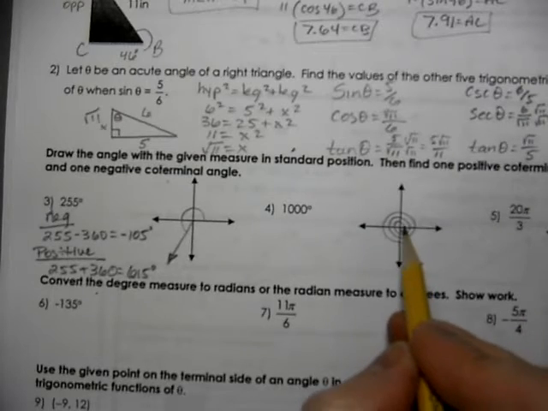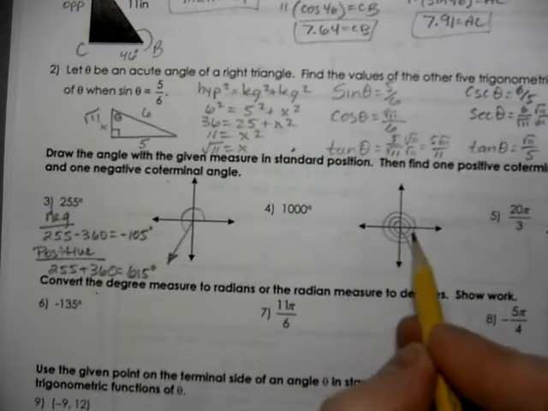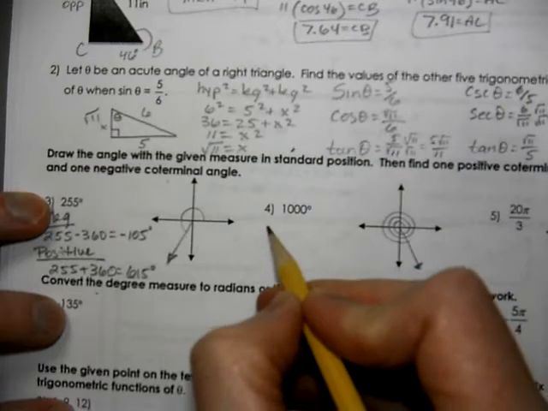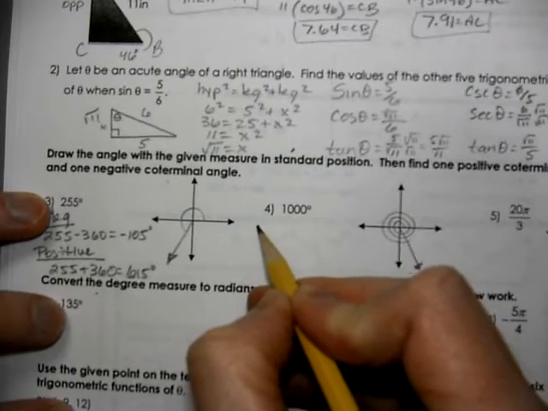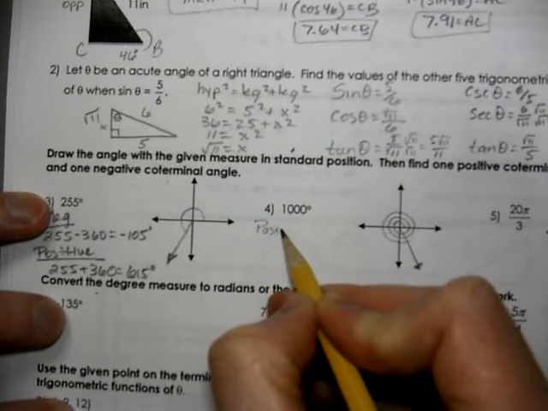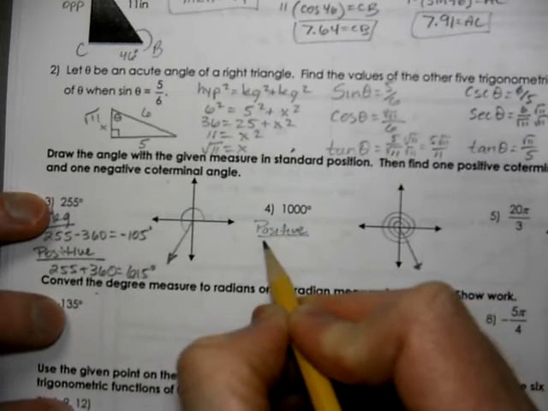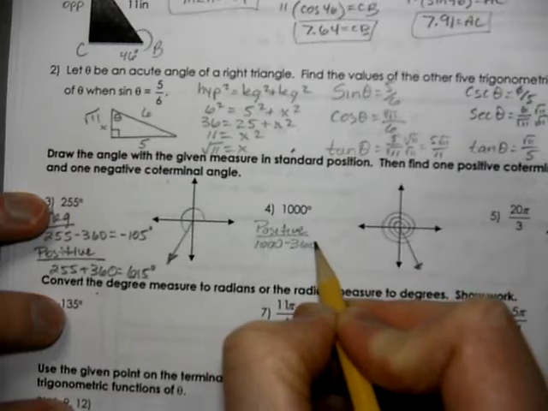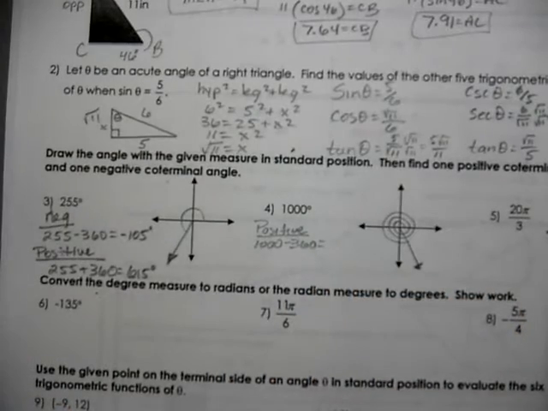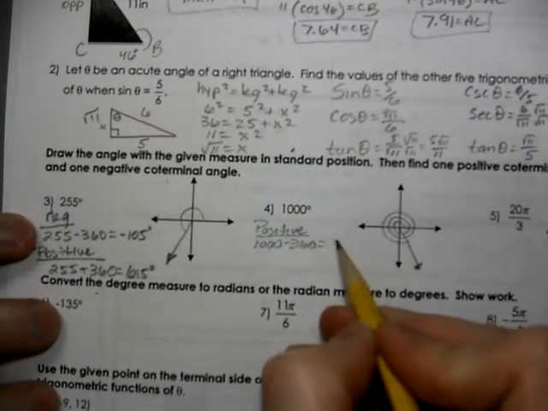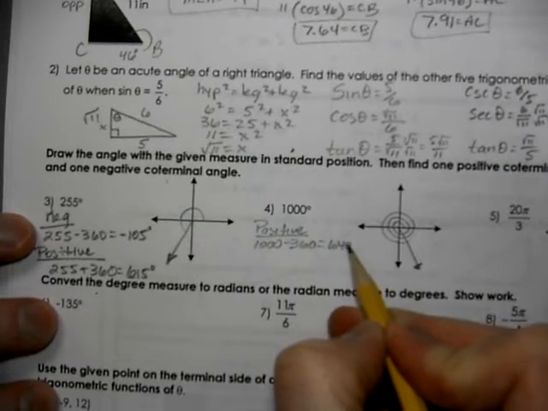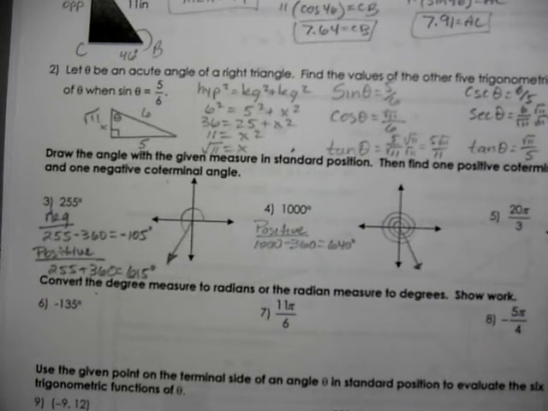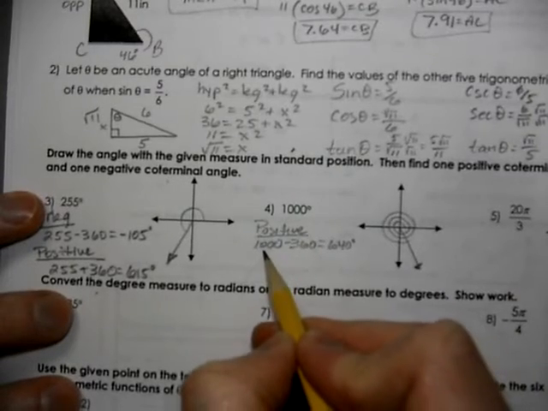There's several of them. Every time we loop around, we'd be able to hit another. So for a positive, you can take 1,000 and subtract 360 from it. So that should be 640. You could subtract 360 from that again.